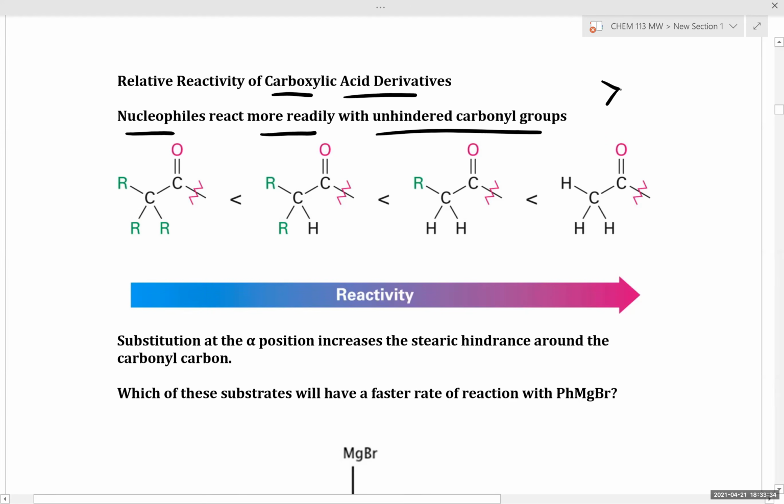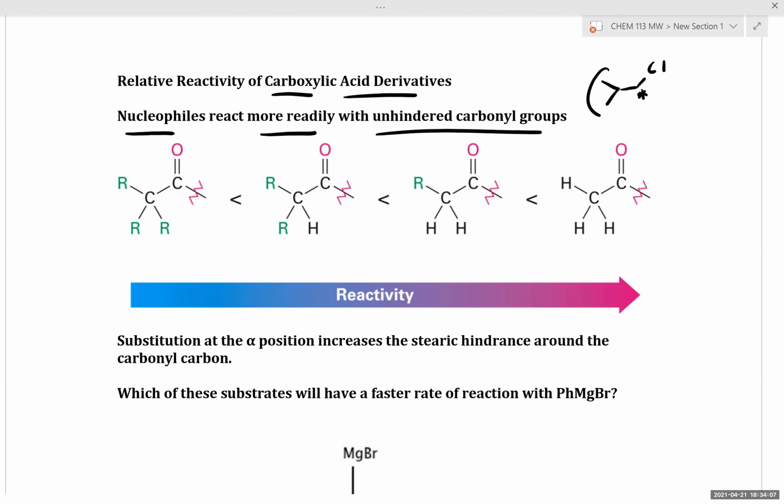We've seen an example of this already when noting that these neopentyl chlorides are surprisingly recalcitrant and difficult to react in substitution reactions. Why? The position adjacent to our reactive carbon is heavily hindered. And as a result, the reactive carbon, just like in these substituted ketone examples, is more hindered. And as a result, the reaction's slower.